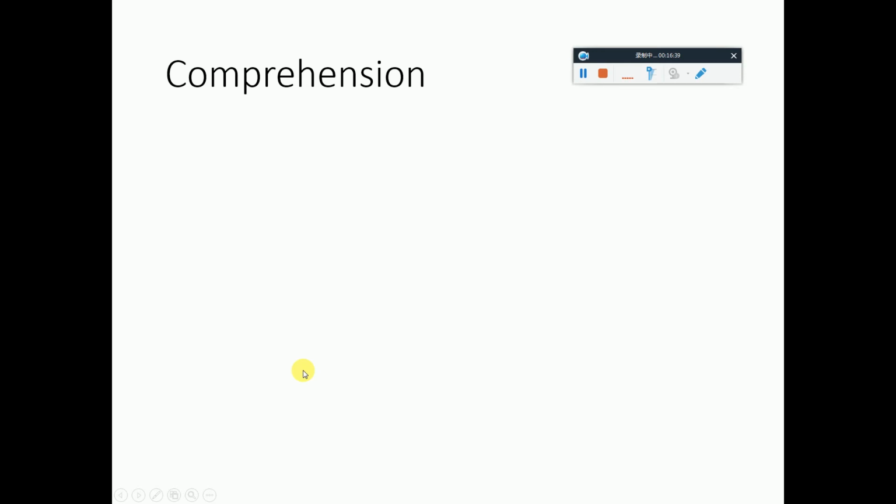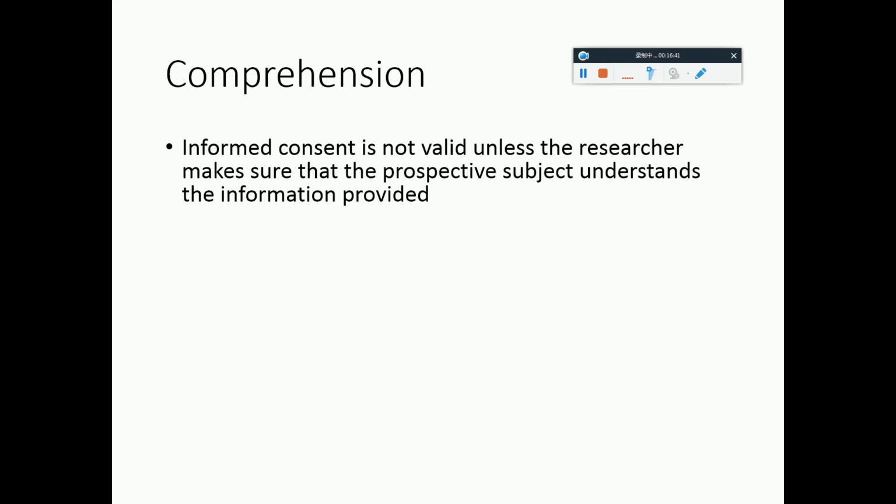As we said earlier, informed consent is not valid unless the researcher makes sure that a prospective subject understands the information that has been provided. So that's the key word here, right? You can give informed consent, for example, in Chinese, to a group of, say, American subjects.